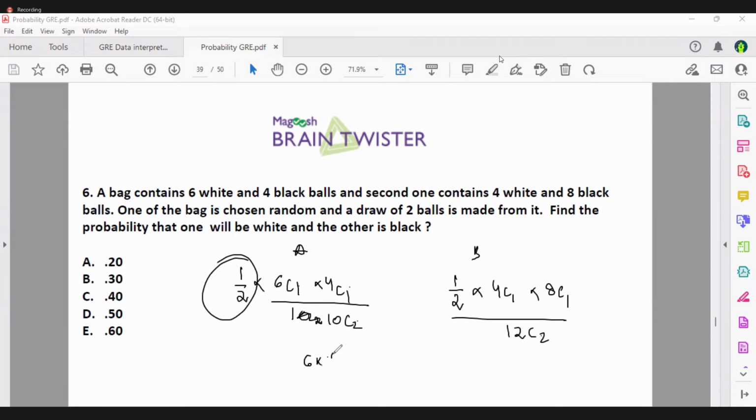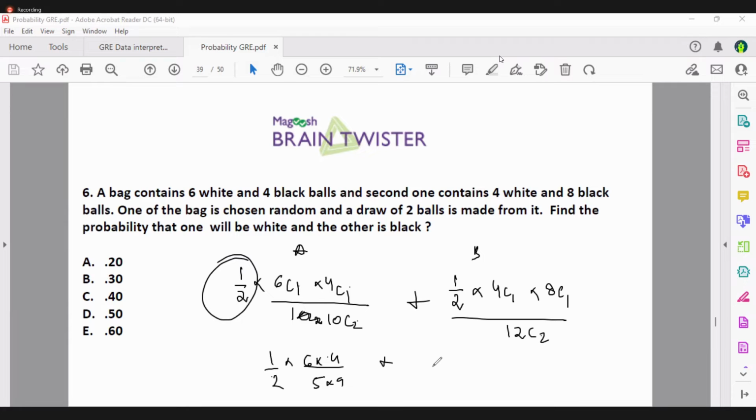6 into 4 over 5 into 9, and this will be multiplied by half, and then we can add this to... Since these are mutually exclusive events, if you are picking bag A first, then you will choose the balls from that only.